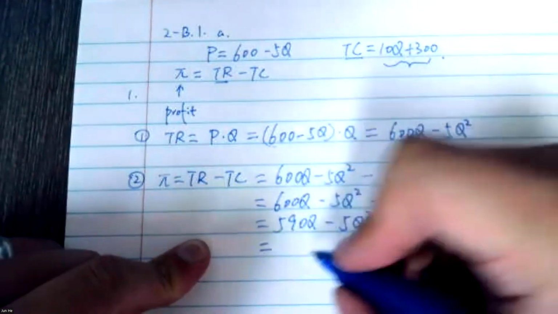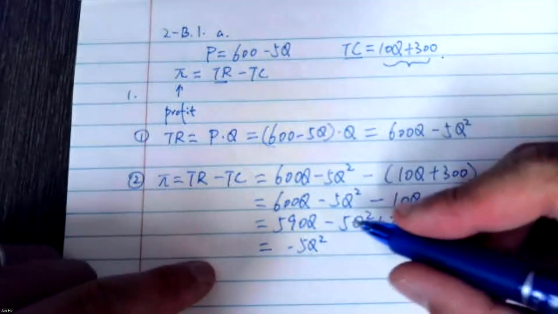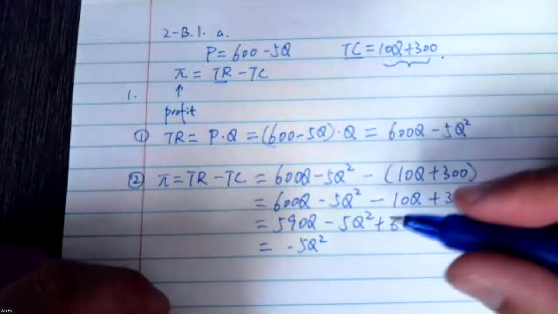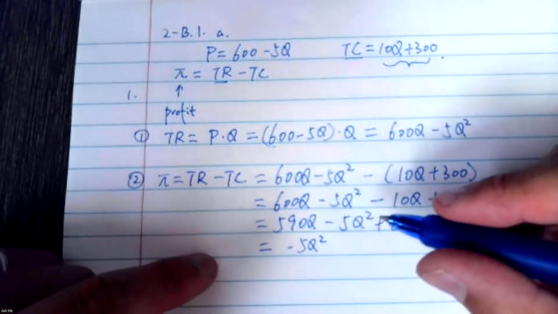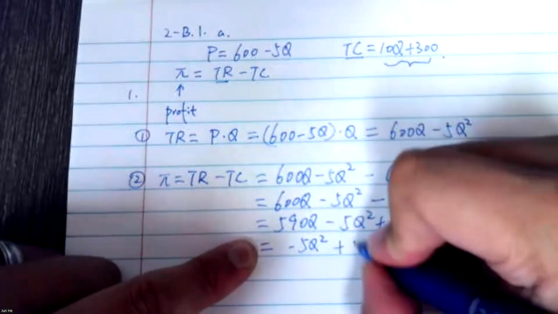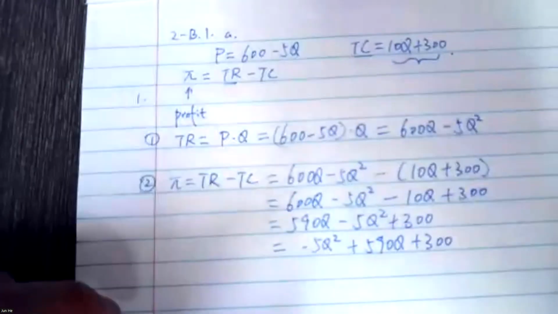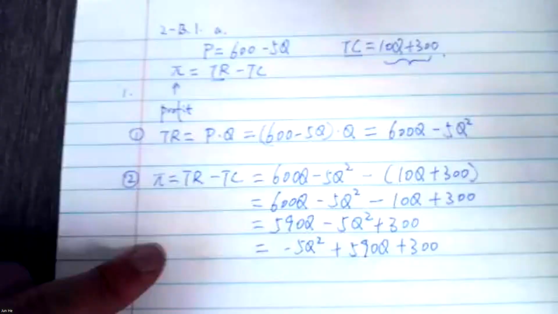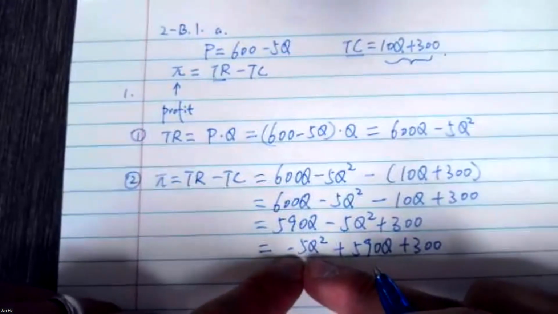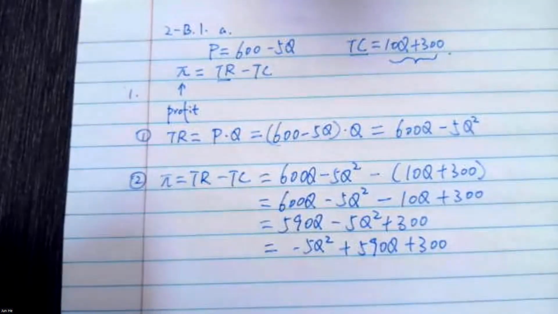Or let's rearrange it so that Q is in descending order of power. So minus 5Q squared plus 590Q minus 300, I'm sorry. That is like minus 5x squared plus 590x minus 300, right?